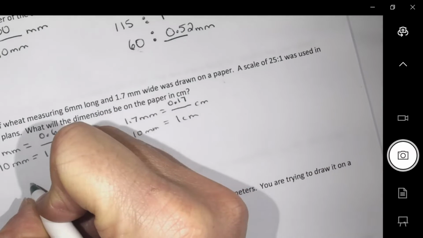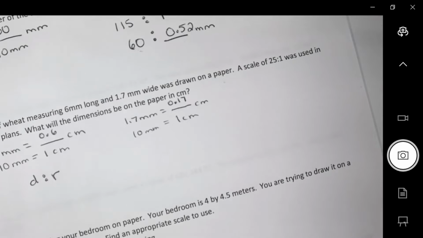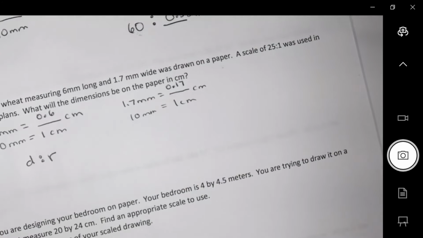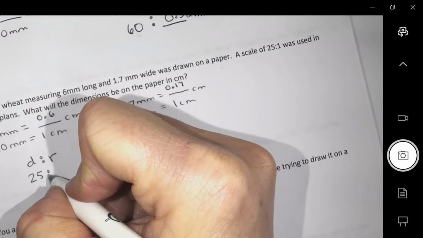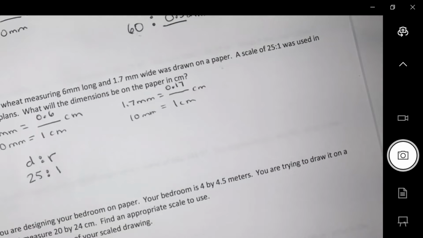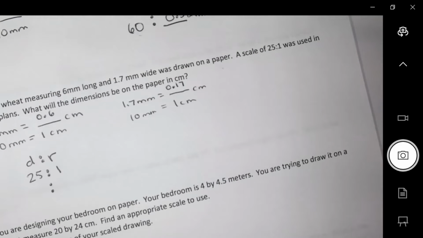Okay, diagram to real. Every 25 diagram is one real life. What are we solving for?